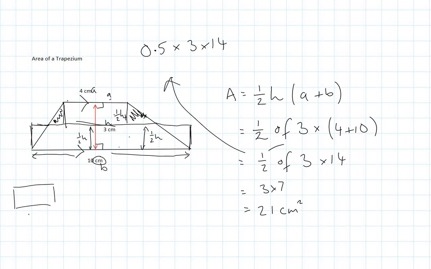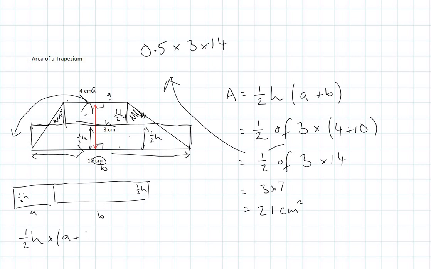I'm going to put the one that's A times half the height and the one that's B times half the height and stick them together. So I'm just moving this top box, sticking it down there. Now I've got a rectangle, and the breadth is half the height, and this length along the bottom is A plus B. So that's where that formula comes from.